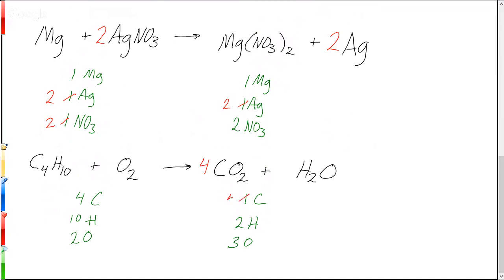That gives us 4 C's. And now instead of 3O, we have 8 from the CO2, 1 from the H2O. That's 9, because each CO2 has 2 O's, and now we've got 4 of them.